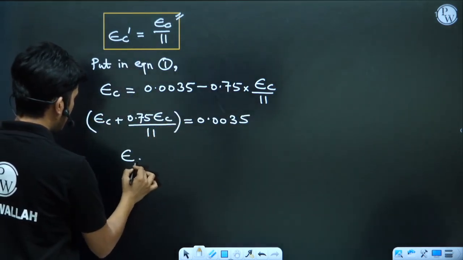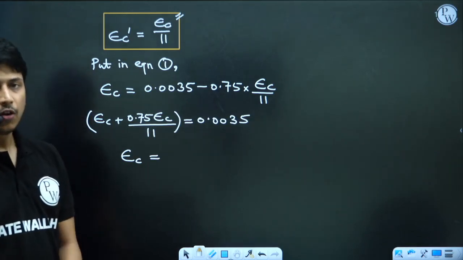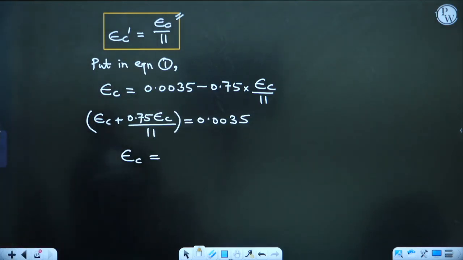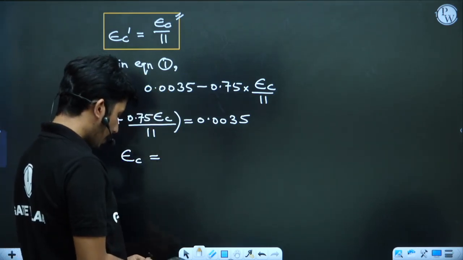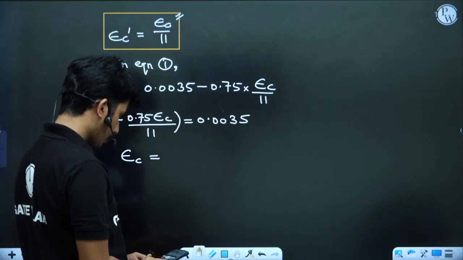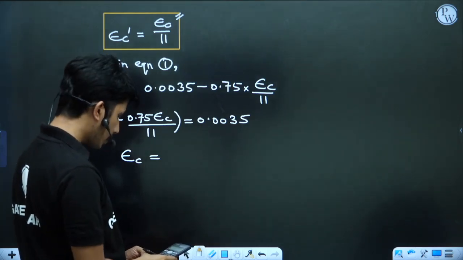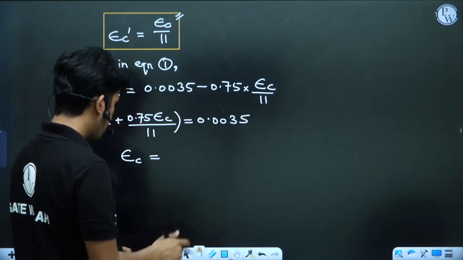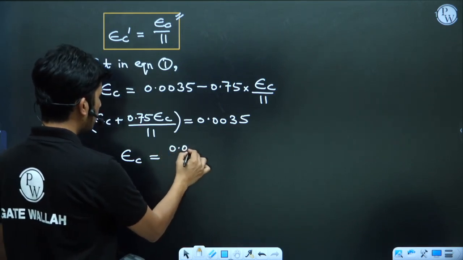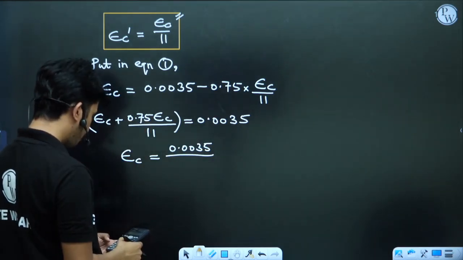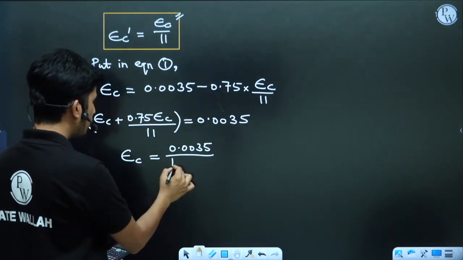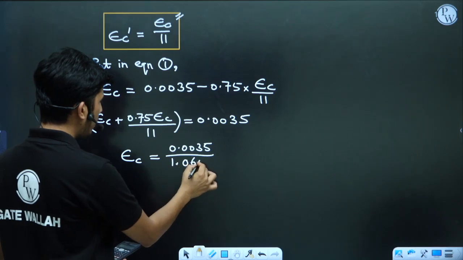You have the virtual calculator in your exam. I am using the normal calculator to calculate this. So this will come out to be 0.0035 upon this value after combination, which is 1.0682.